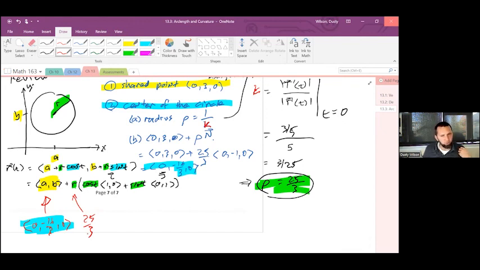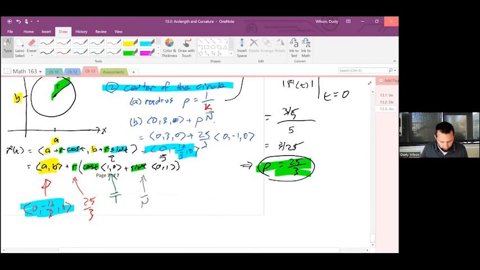We don't want to be in terms of the standard basis vectors. We want to be in terms of the tangent and the normal vectors. And so we're going to replace the first of those with the T vector, and the second of those with the N vector.